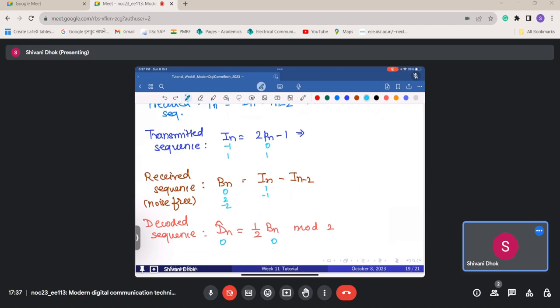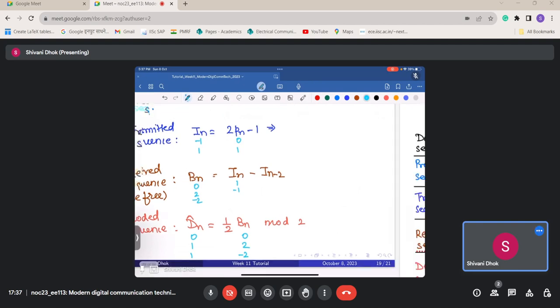If your Bn is 2, then your dn hat will be 1, and if your Bn is minus 2, then your dn hat will be minus 1 mod 2, which is again equal to 1. So if I have received 0, then I'll decode it as 0, and if I receive 2 or minus 2, then I'll decode it as 1. I hope that is clear.